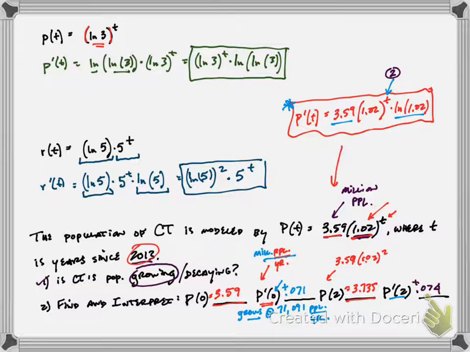Again, it's positive, and so in context, we are saying Connecticut's population is growing at, or was growing at, approximately 74,000 people per year in the year 2015. So, in other words, in 2015, we would expect Connecticut's population to grow by another 74,000 people.